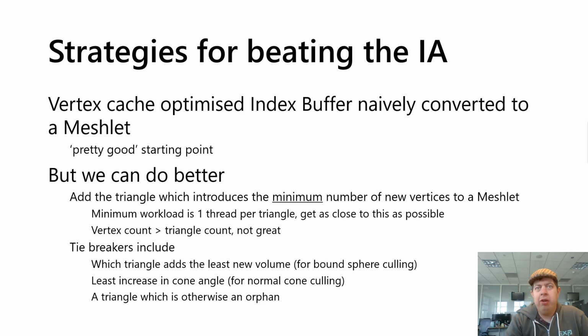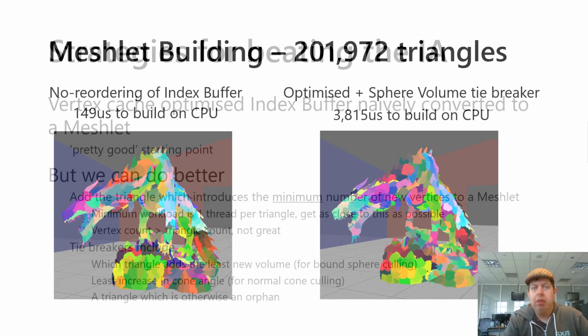We want to hoover up orphans because these are going to have to be collected at some point. If you have a single triangle left on its own, that's going to be one triangle and three vertices, which is a pretty awful ratio for us. So we want to be sympathetic and not too greedy in our algorithm.